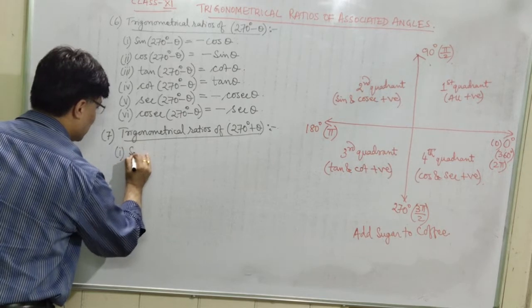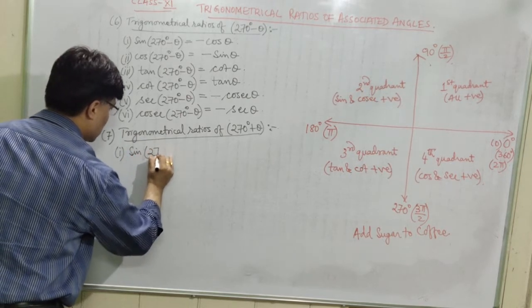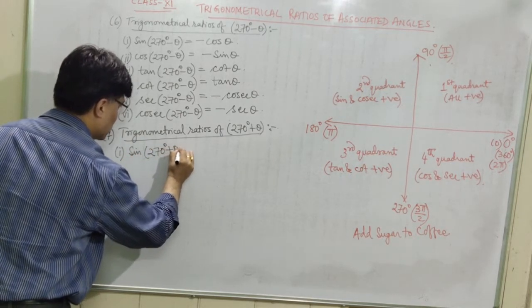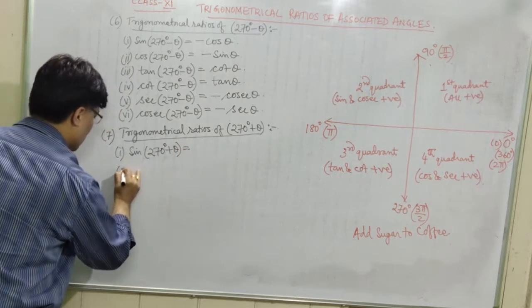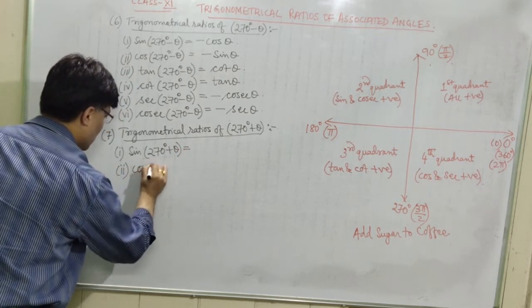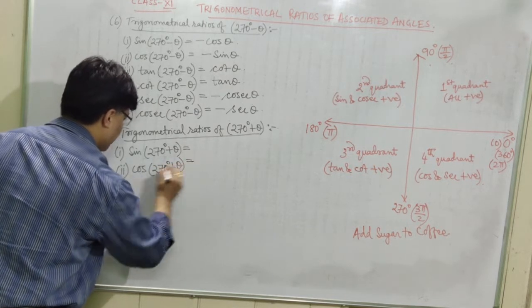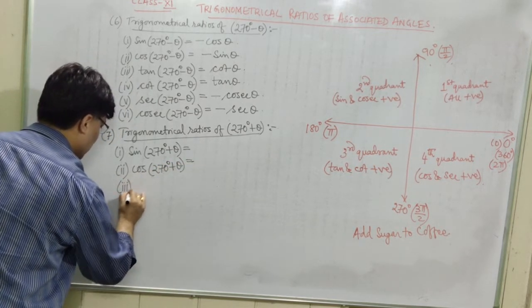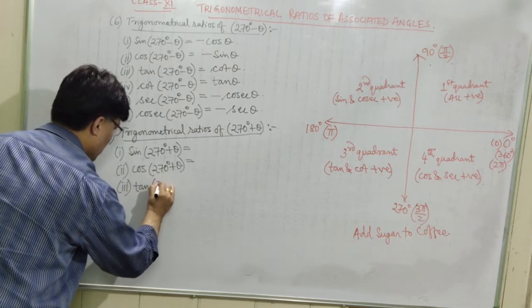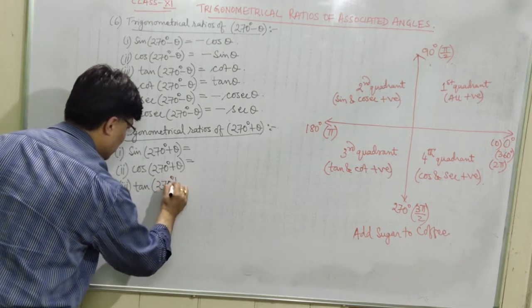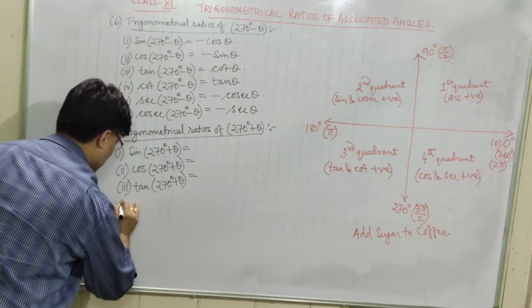So number 1, sine 270 degree plus theta. Number 2, cos 270 degree plus theta. Number 3, tan 270 degree plus theta.